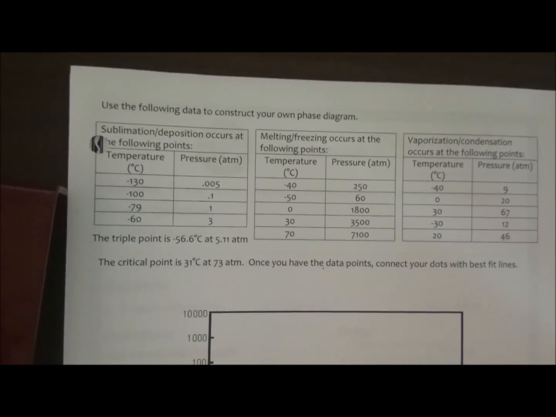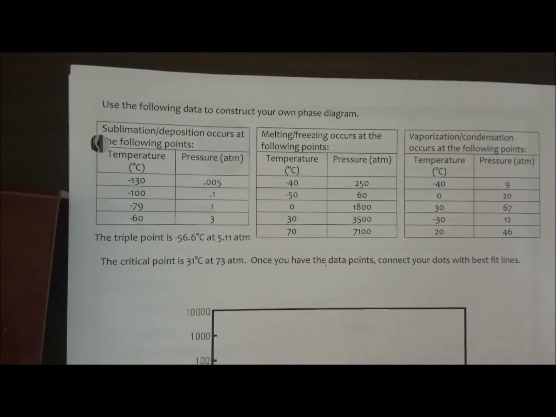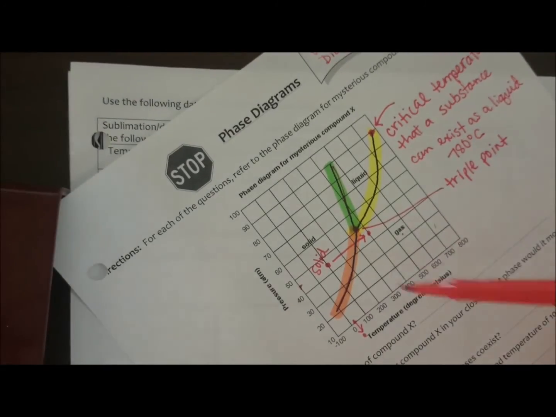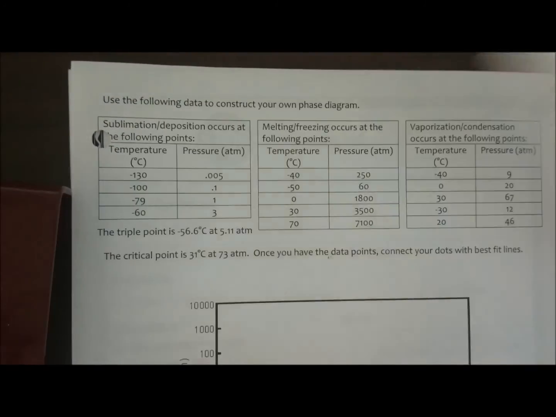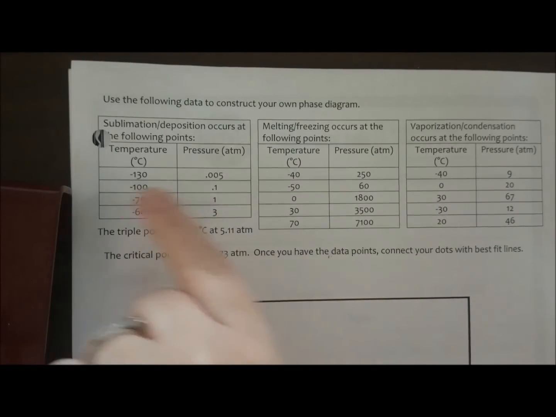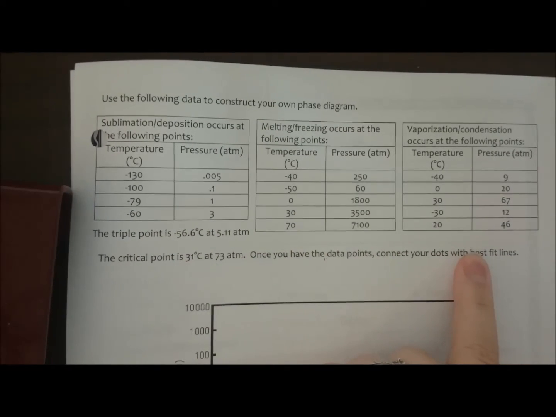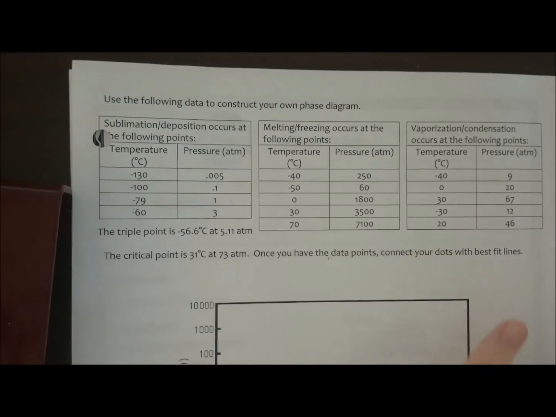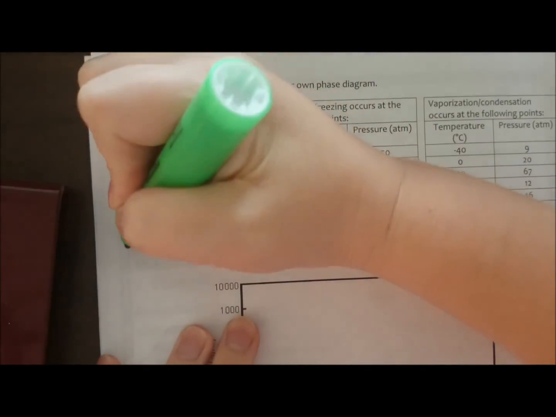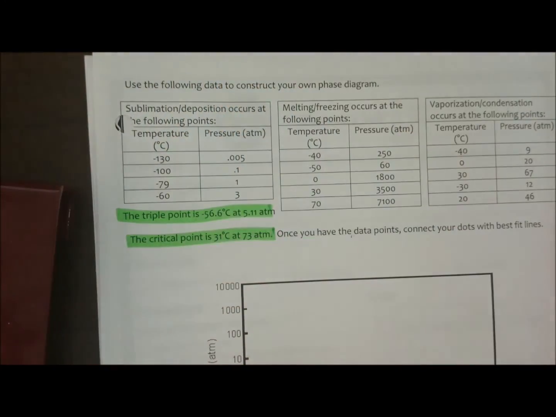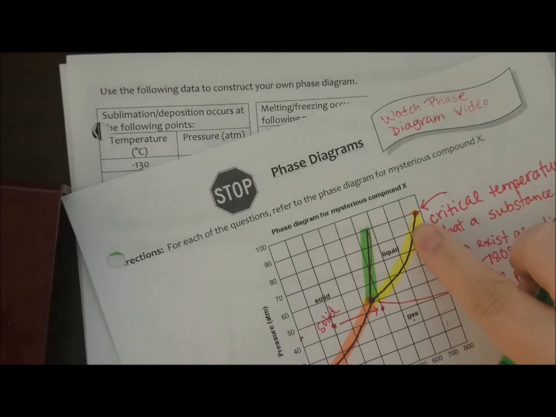That's going to give you those 3 little lines. Remember those 3 sections of lines? Each of these data tables is going to give you a section of a line, and then if you notice, they give you the triple point. They tell you where they should intersect, and they also give you the critical point. They tell you where that liquid line should end.